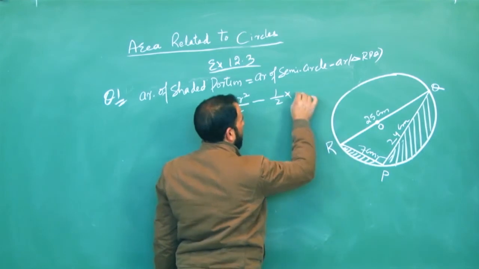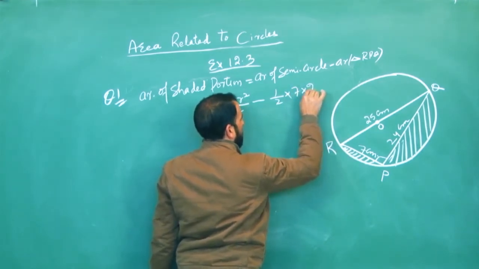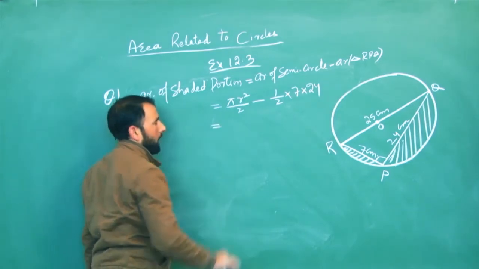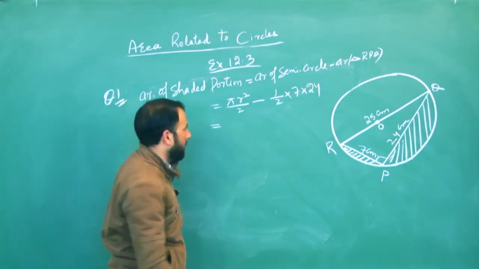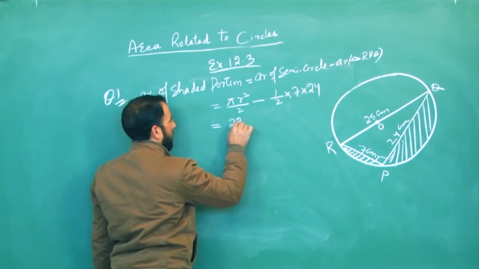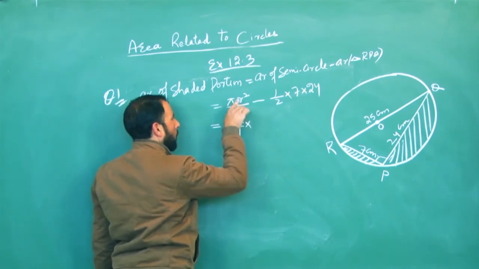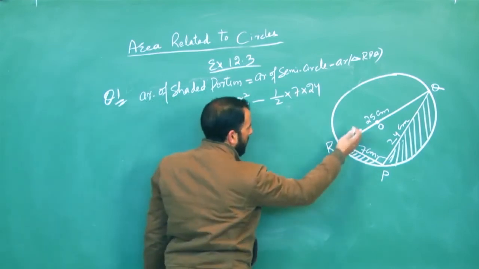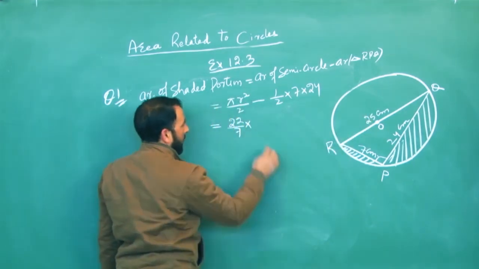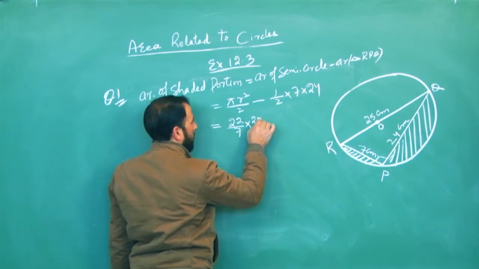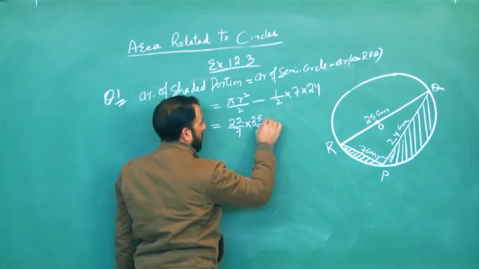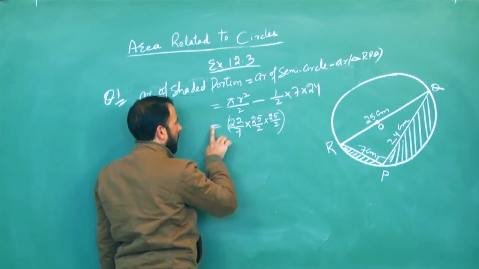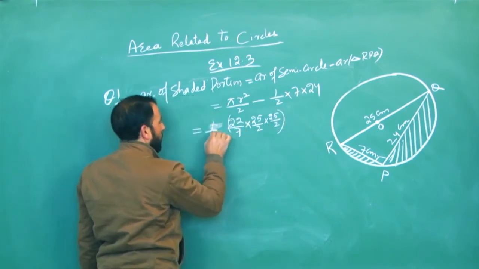The base is 7 and the altitude is 24. Now the value of pi is 22 divided by 7, into r square. The diameter is 25, so the radius is 25 divided by 2, and r square is 25 divided by 2 into 25 divided by 2.